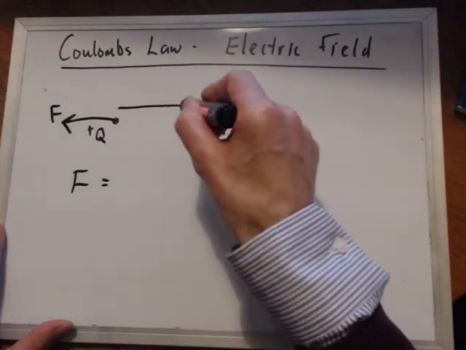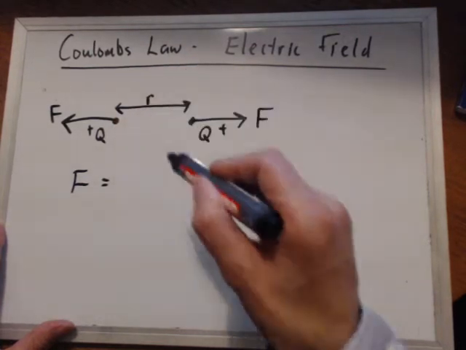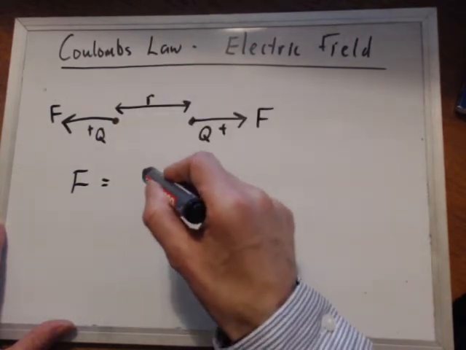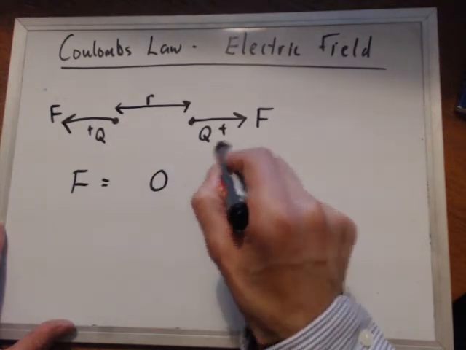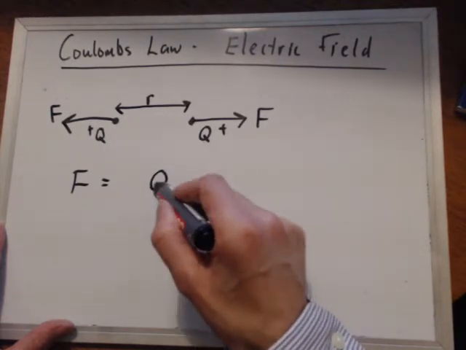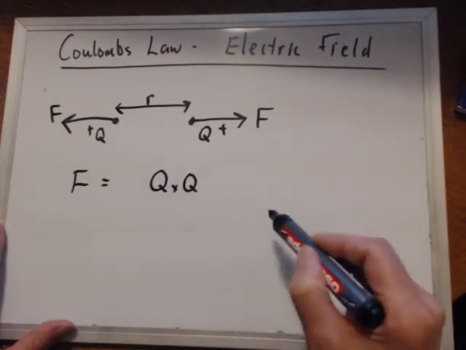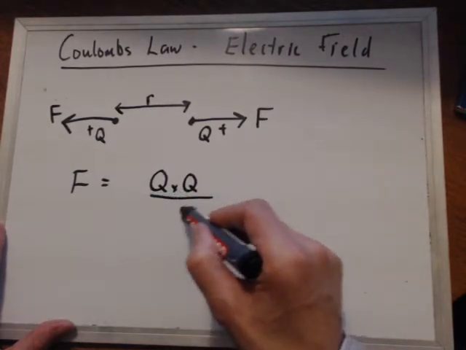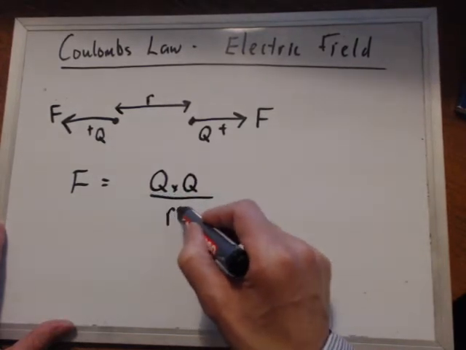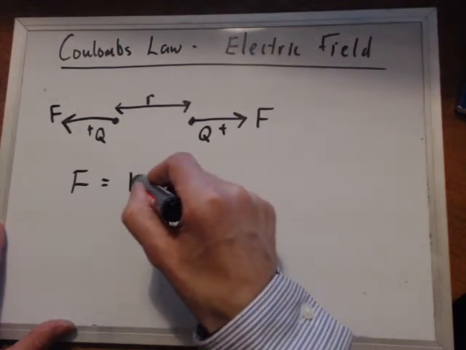So let's say the distance between these points is a distance r. The force would be equal to, first of all, q squared if they're both q's, or q times q for the same magnitude of charge, divided by the distance between them, r squared, multiplied by a constant k.